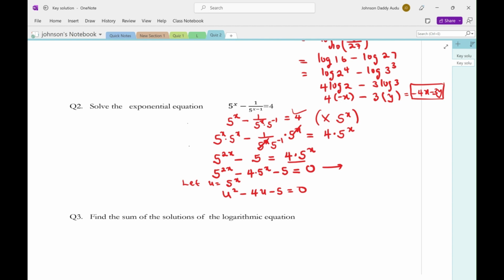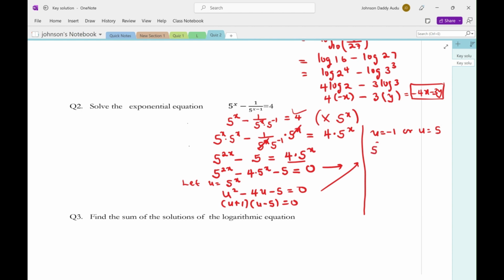So we have a quadratic equation. If we factorize this, it will give us u plus 1 and u minus 5 all equal to 0. It means that u equals minus 1 or u equals 5.